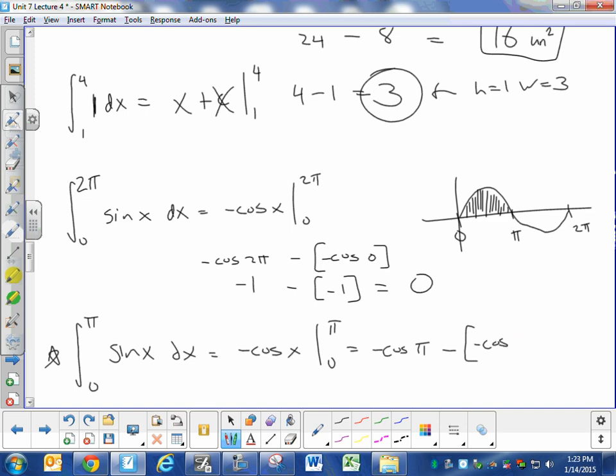What do we get? 2. Isn't that crazy? Area under a sine curve is 2 square units. It works out too well, you know? Math sometimes. It's like, wow, how can you be so simple? Darn you. It should be more complicated than that.